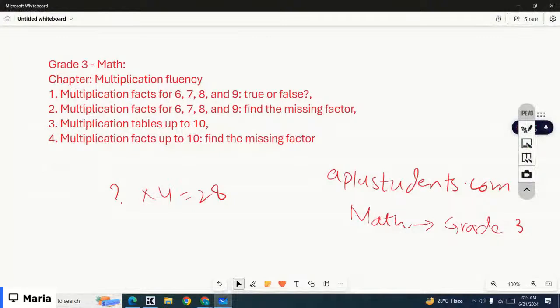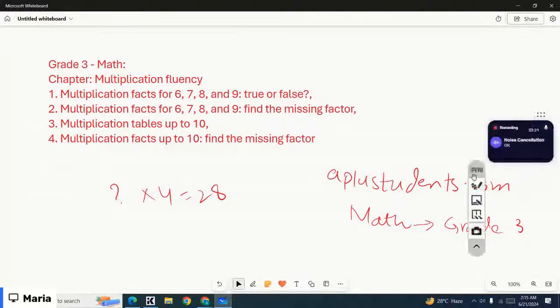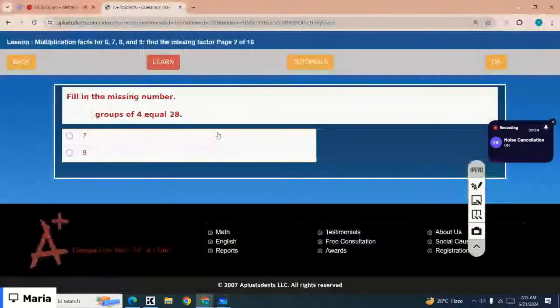The correct option is 7 times 4 is 28. The correct option is 7. 7 times 4 is 28.